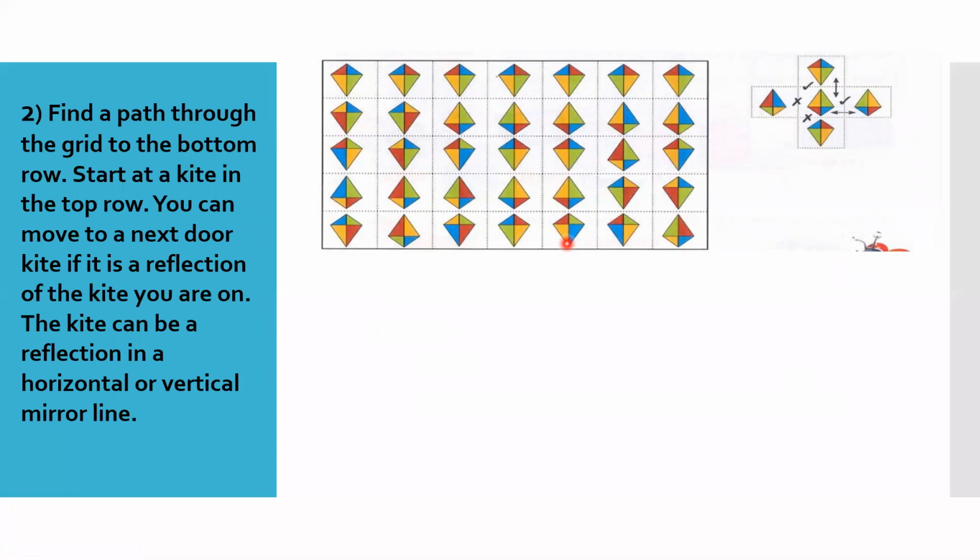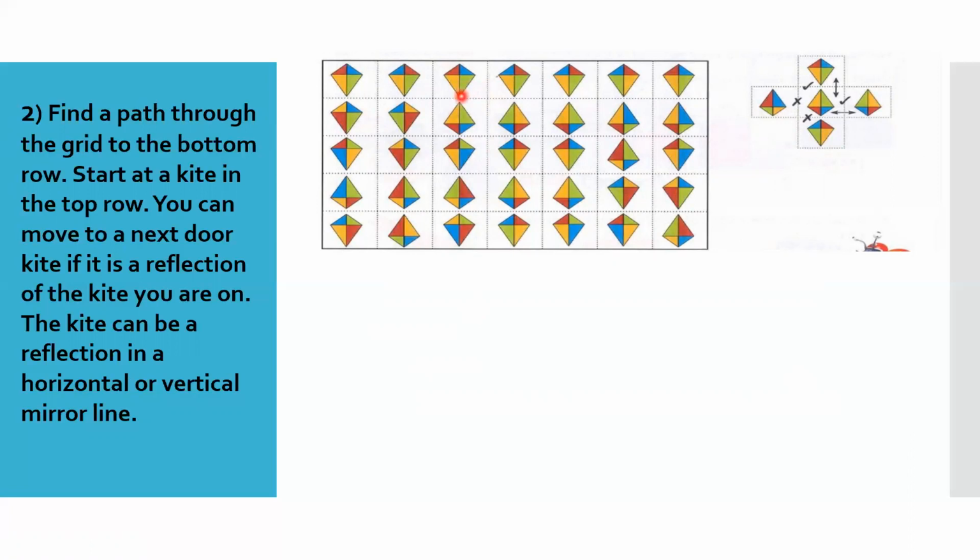And the condition they have said is, start at a kite in the top row. You can move to the next door kite if it is a reflection of the kite. Suppose you are starting from this kite, then you need to move to the next kite if it is a reflection of the kite you are on.